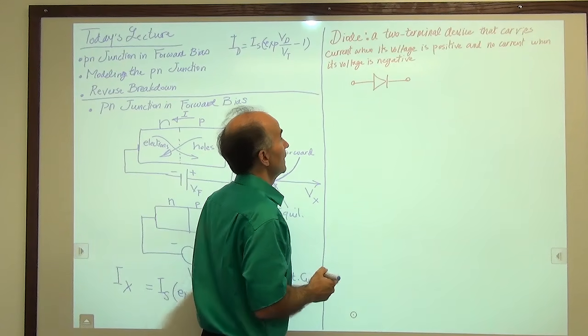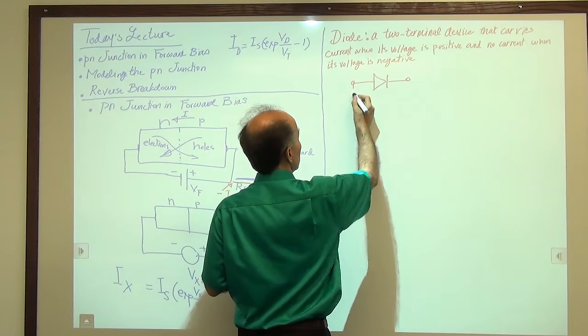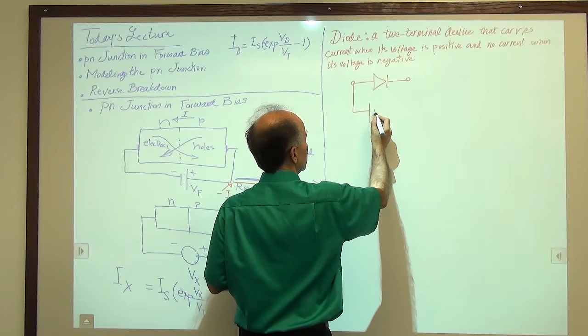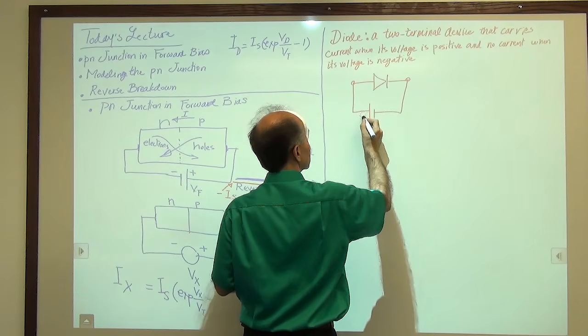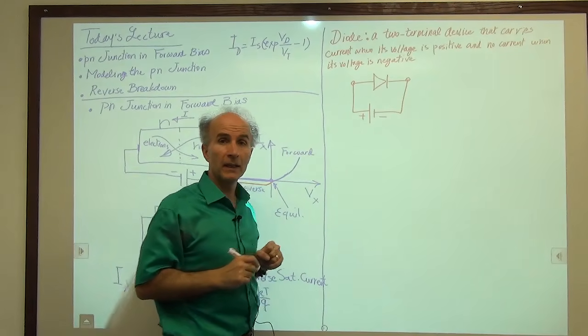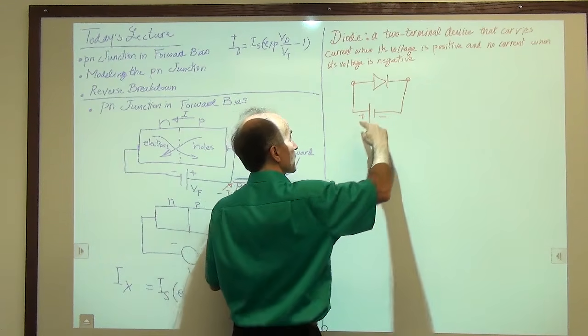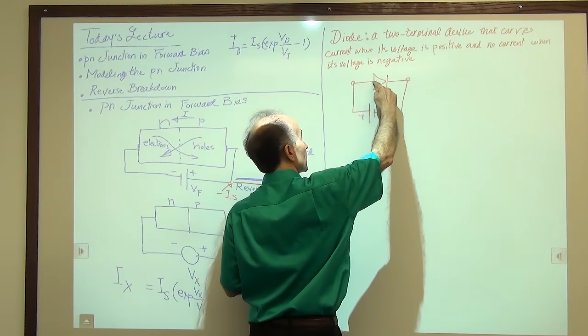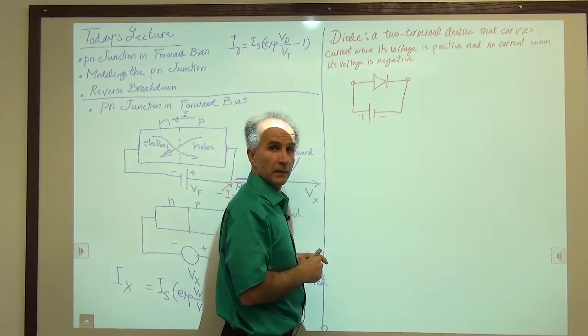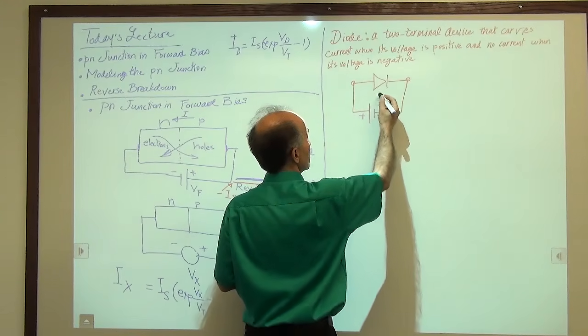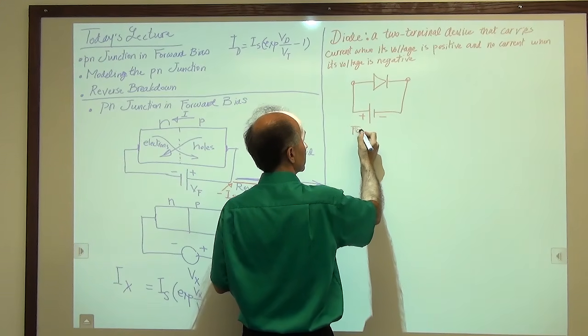Okay, so that means that if I apply a voltage like so, then it can conduct current, because with positive here, the current goes this way. So this is considered forward bias.